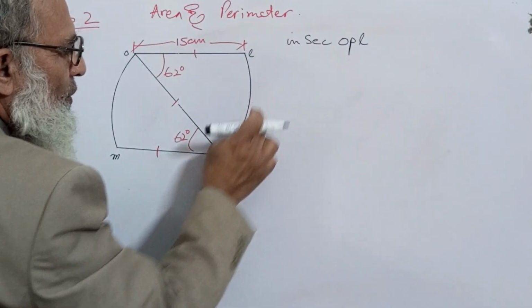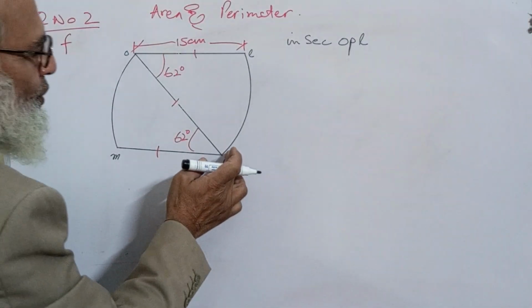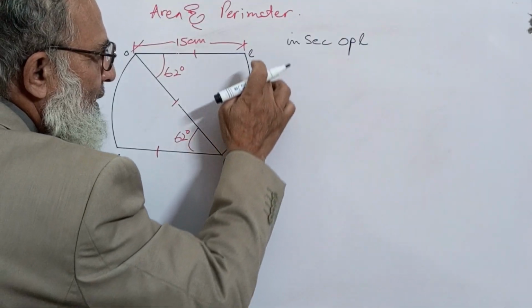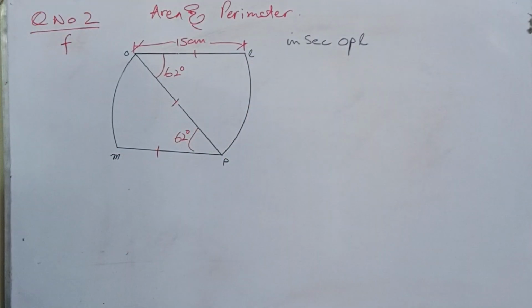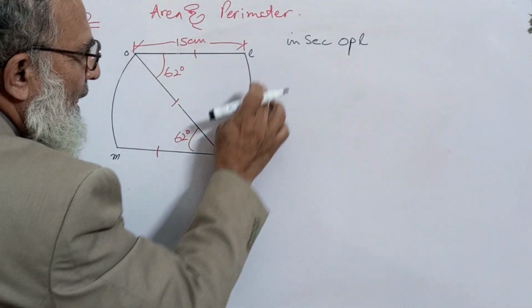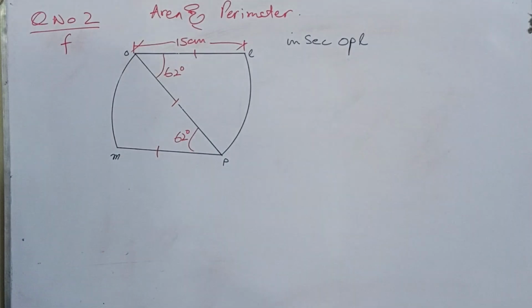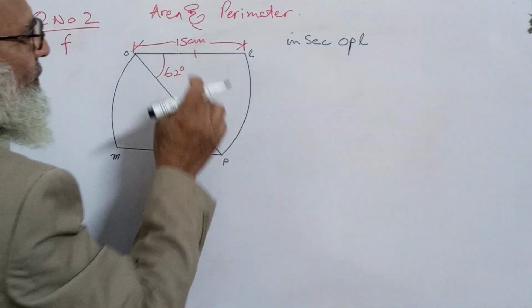I have to find only the perimeter. So I have to find this arc length, and then I'll add this arc length to the 15 centimeters, the radius.